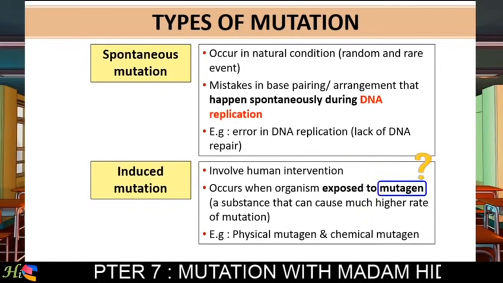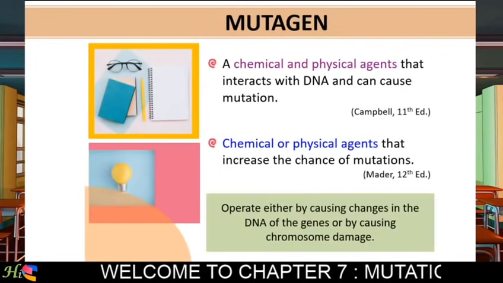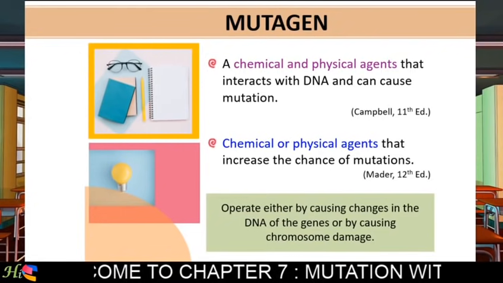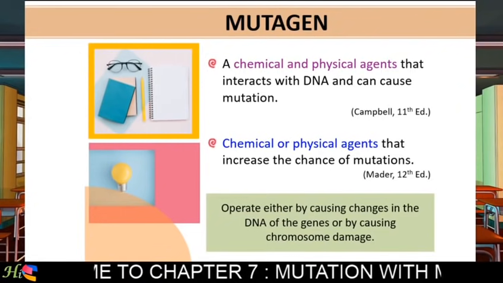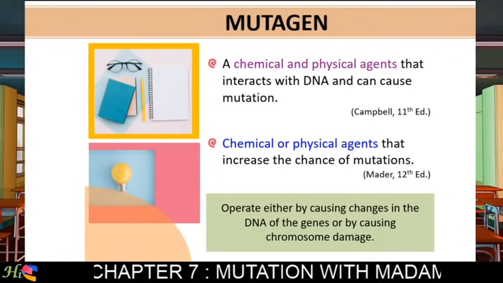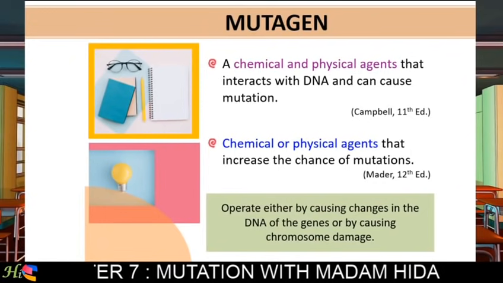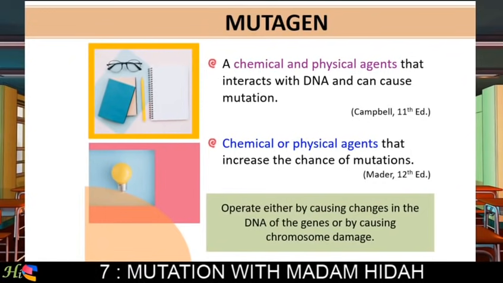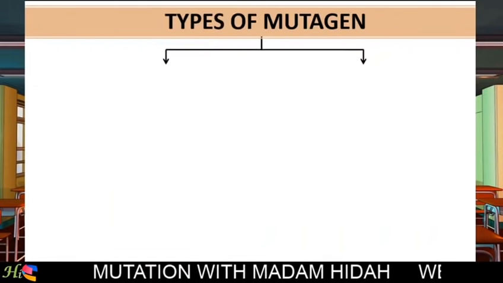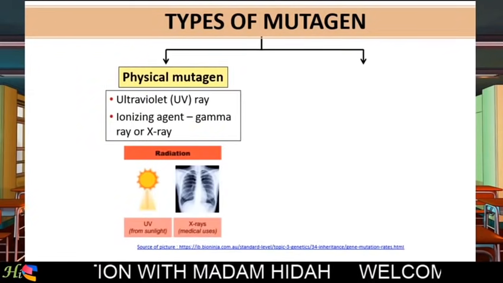So what is meant by mutagen? Mutagen is any of chemical or physical agents that can cause and increase the chance of mutation. Mutagen operates either by causing changes in the DNA of the genes or by causing the damage of chromosome. Two different types of mutagen. The first is physical mutagen.